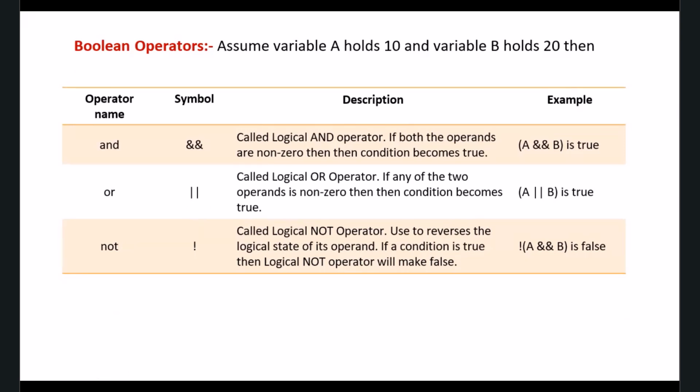If any of the two operands is non-zero, then the condition becomes true. So A or 0 is true. Then the last is the NOT operator, called the logical NOT operator, used to reverse the logical state of its operand. If a condition is true, then the logical NOT operator will make it false.